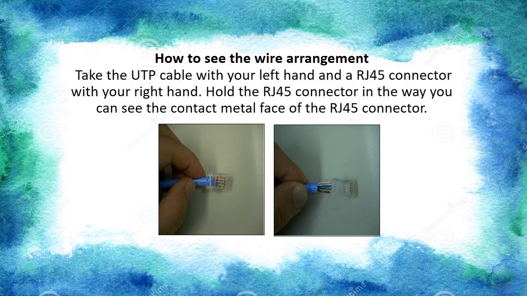So this is how to see the wire arrangement. Take the UTP cable with your left hand and an RJ45 connector with your right hand. Hold the RJ45 connector in the way you can see the contact metal face of the RJ45 connector. As you can see in the two images, this is how we insert the RJ45 to the UTP cable.